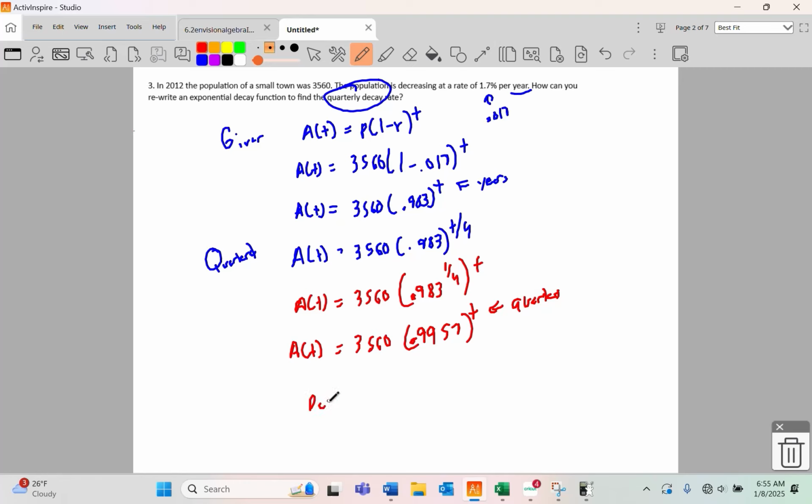Think about your decay factor. Some of you know what this is, some of you don't because you don't take notes. So 1 minus r lines up. 1 minus r is 0.9957. If we do the math on this by subtracting 1 and so on, we have that r is 0.0043 per quarter, or 0.43% per quarter. Anyways, there's how you do it.